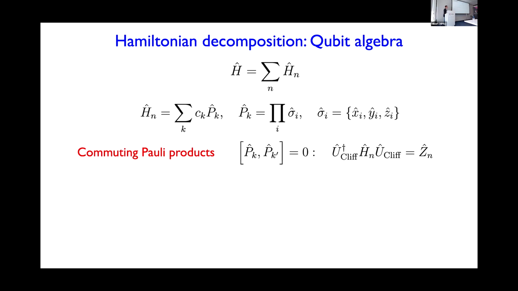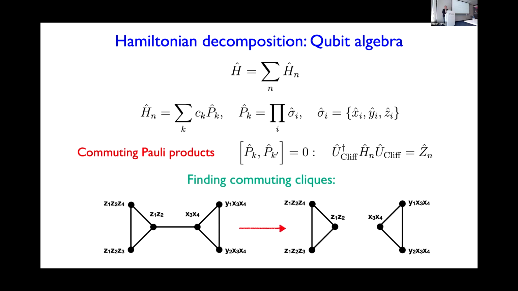All right, so which fragments can we use? The very simple idea from quantum mechanics is that you can measure things which commute, right? So the first kind of method is that you take the qubit algebra and group the Pauli products that are commuting. Then it turns out you can measure them by using Clifford transformations that essentially rotate them into the Z operators.